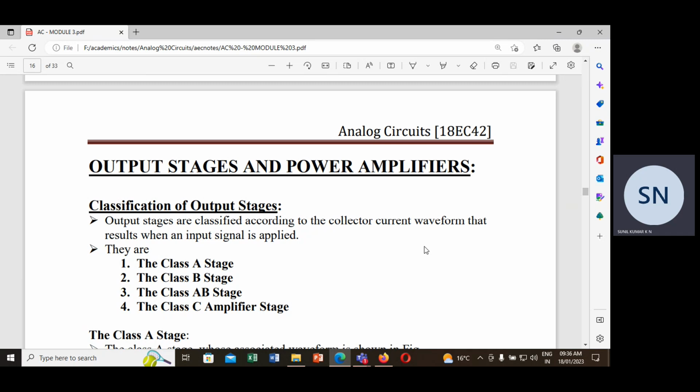So these three things we mainly deal with: the supply power, the power dissipation in each output stage, and the maximum efficiency for each output stage of the amplifier.